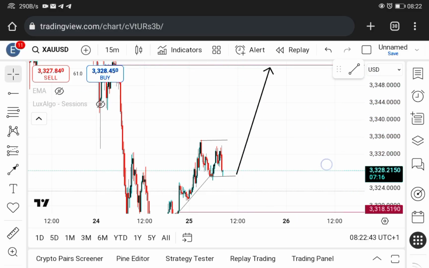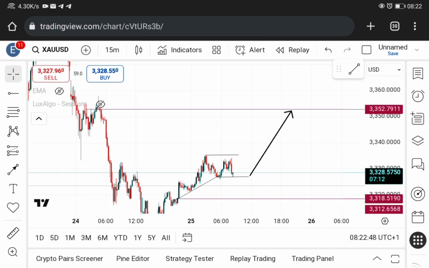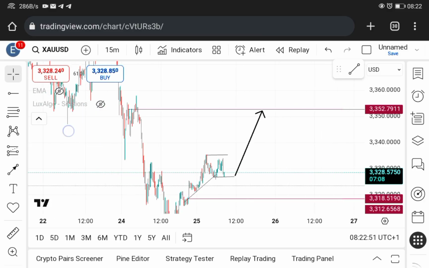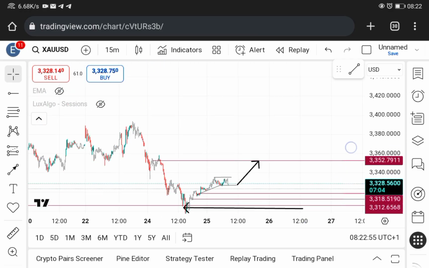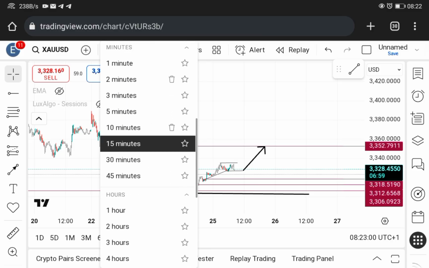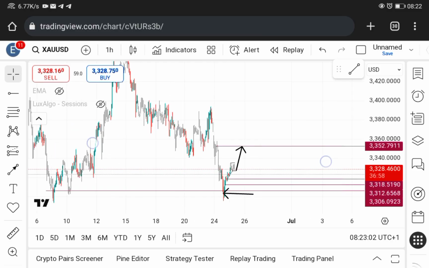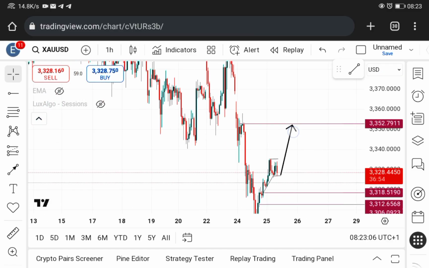But if I don't do that, I will just wait patiently so that I can take a sell trade. This is because on my H1, there is a zone here for this market to test before it will go back down.